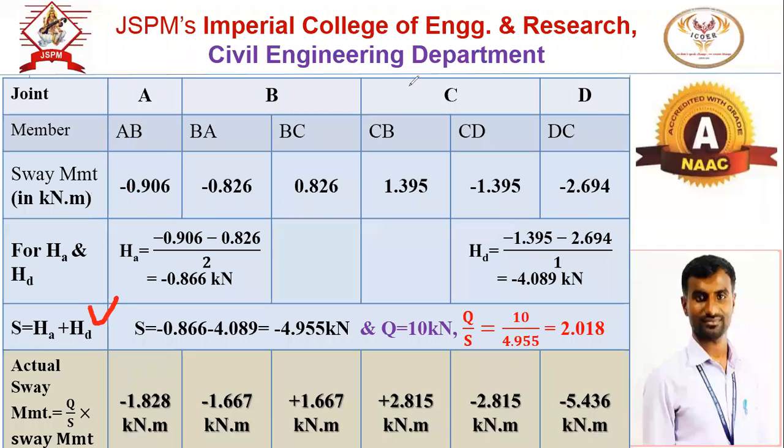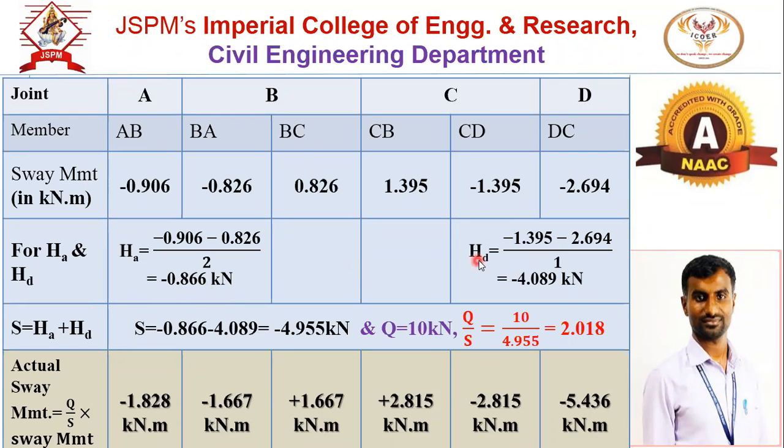Means after working out the sway moments from the moment distribution table, we have to find out the horizontal reaction at A and the horizontal reaction at D. So HA is equal to moment at A plus moment at B divided by height of column AB, means MAB plus MBA divided by height of column AB. AB height is 2 meters. So that's why HA will be minus 0.866 kilonewton.